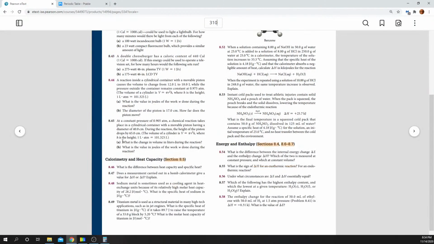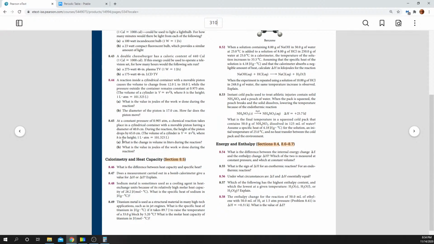Okay, when a solution containing 8 grams of sodium hydroxide and 50 grams of water at 25 degrees Celsius is added to a solution of 8 grams of HCl and 250 grams of water at 25 degrees Celsius in a calorimeter, the temperature of the solution increases to 33.5 degrees. Assuming that the specific heat of the solution is 4.18 and that the calorimeter absorbs a negligible amount of heat, calculate delta H. Okay, so 8 grams of sodium hydroxide versus 8 grams of HCl.